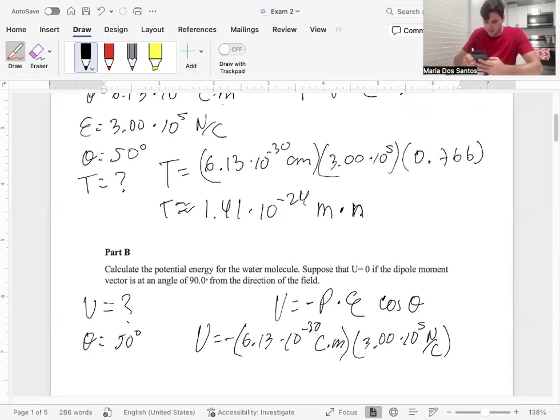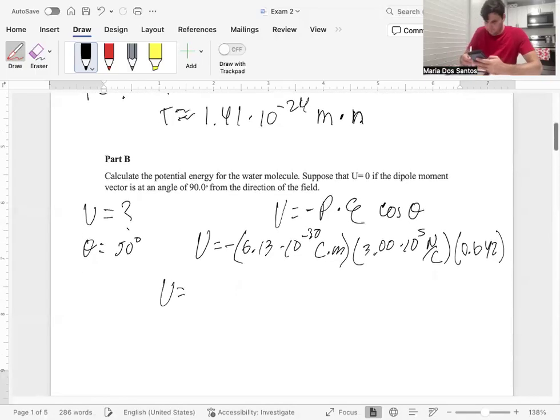And cosine of 50, roughly, negative 1.18 joules.